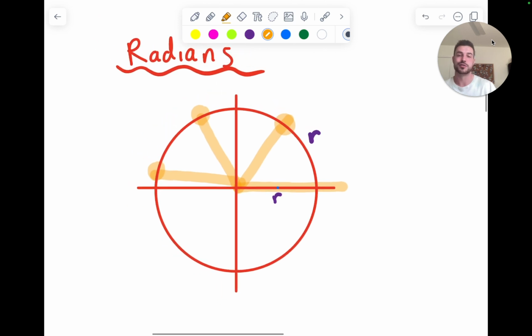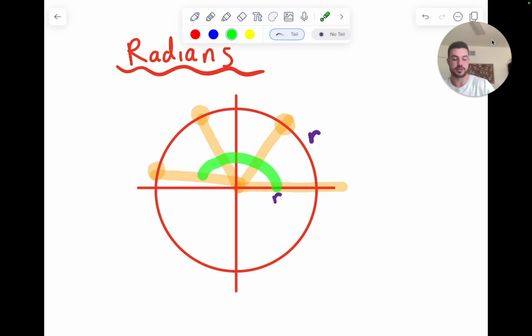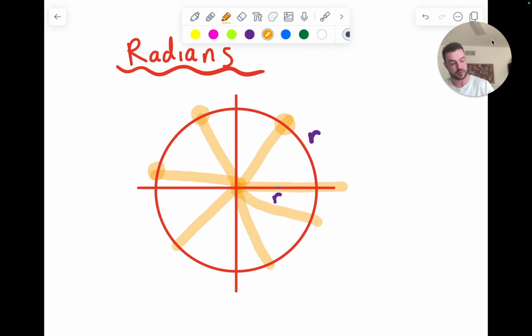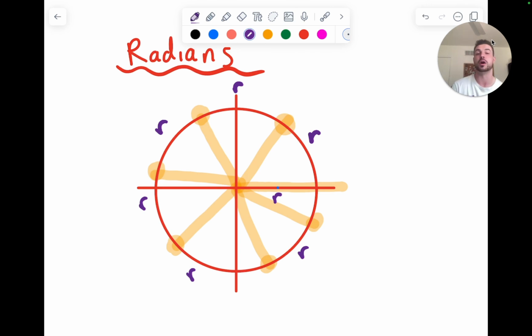So there are 3 radians, this is 1 here, this would be 2 radians, this would be 3 radians, and we keep going from there, 4, 5, 6, and I'll redo that last one so it looks a little nicer. These aren't perfect, but the idea is each one of our sections of the circumference is going to be 1 radius value.